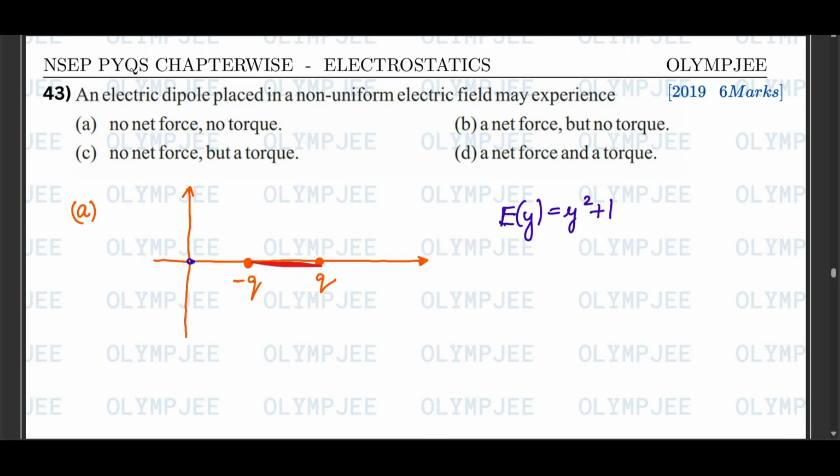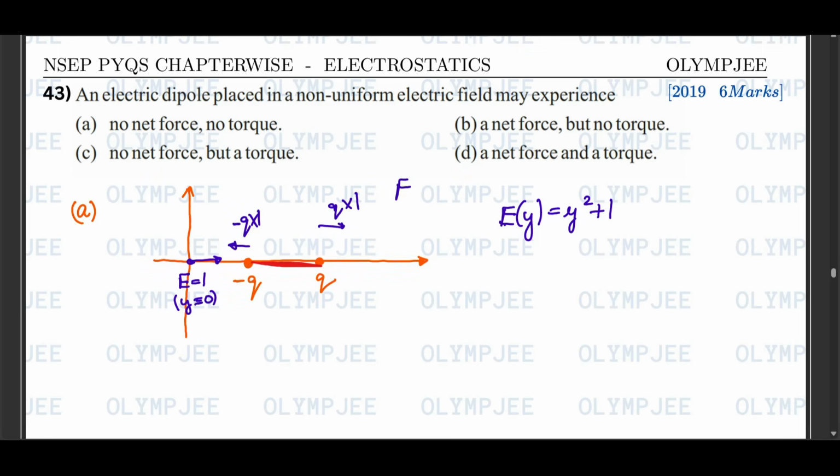So here the field will be 1 because y is 0. So this becomes a case of a dipole placed parallel to a uniform electric field, although the field is non-uniform in the y direction, the y coordinate of the dipole is the same. So there will be a force here minus q multiplied by 1 and here q multiplied by 1.